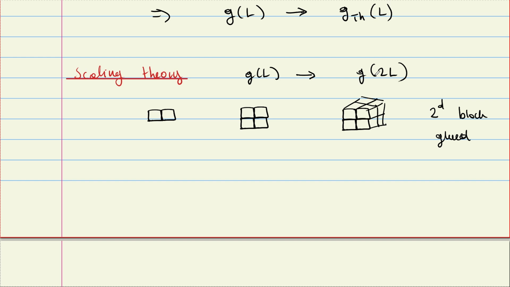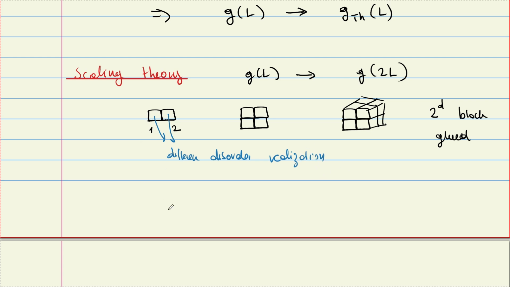So the Thouless argument was, let's think about the Hamiltonian of this system. There's a system 1 and a system 2, and when you put them together, we are now thinking about different disorder realizations.